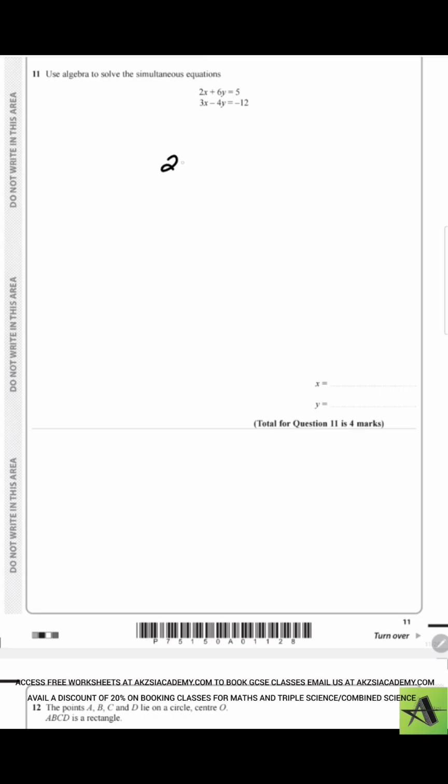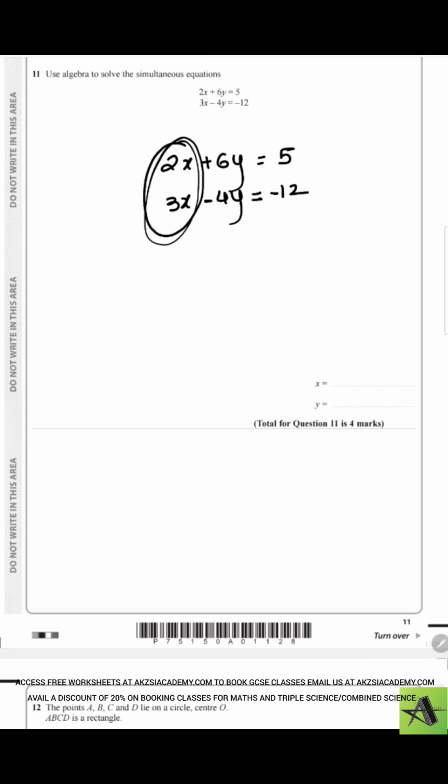So 2x plus 6y equals 5 and 3x minus 4y equals negative 12. I need to make the coefficient of any variable the same. Coefficient means the number written with the variable. Let me make x the same. So for that, one is 2, one is 3. The LCM of both is 6.